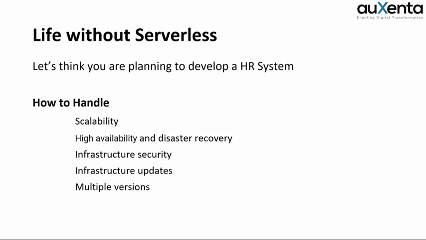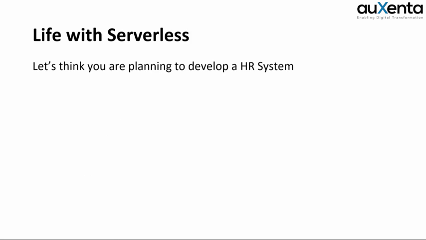Now, let's think about life with serverless. That means, if you have serverless infrastructure, what will it look like? Let's think about scalability. It will be handled by the vendor or the service provider. In our case, if we take AWS serverless, it will be AWS, Amazon.